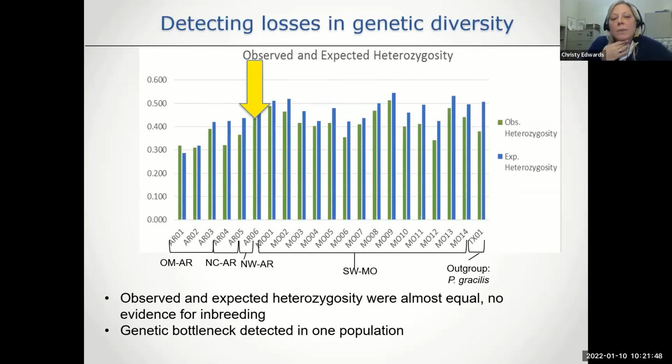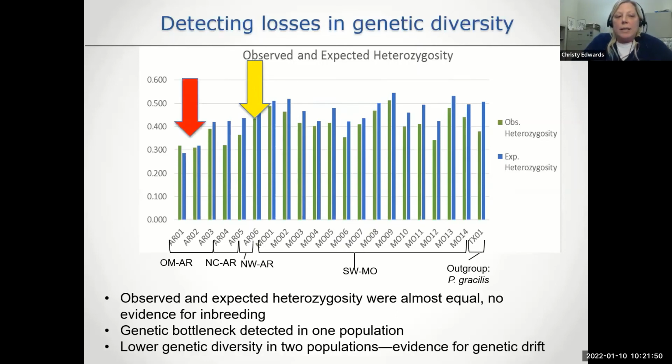But next slide. We do see these two populations over here on the left. You'll notice they have much lower genetic diversity than almost all the other populations. We think these populations are experiencing losses in genetic diversity due to genetic drift, which is essentially a stochastic loss of diversity in the population over time due to small population sizes.